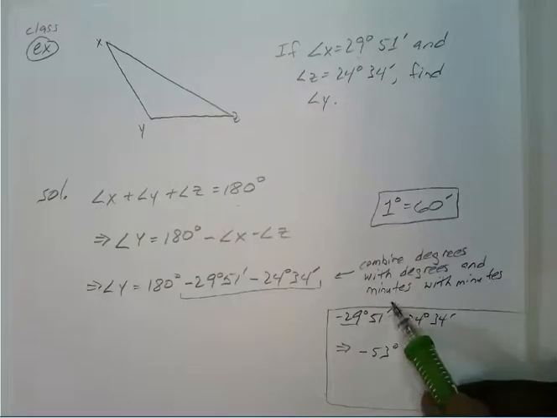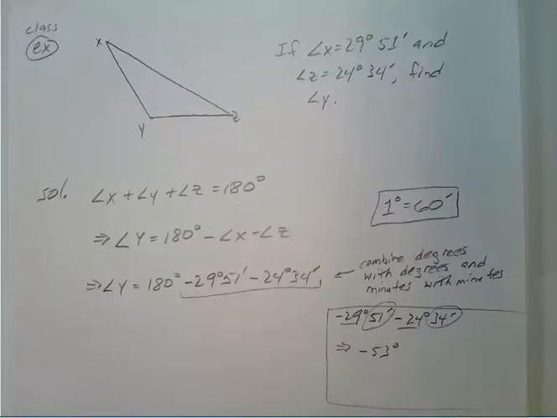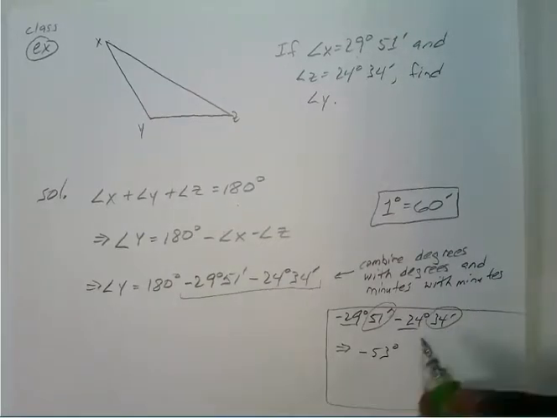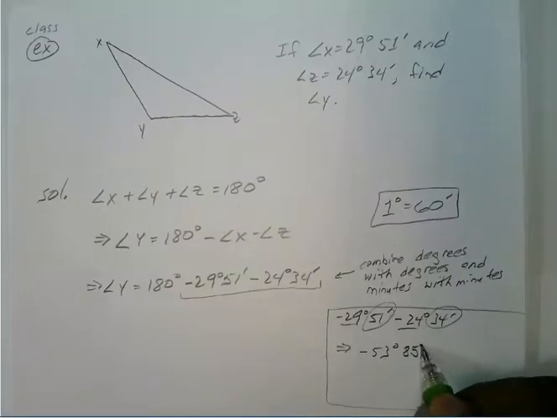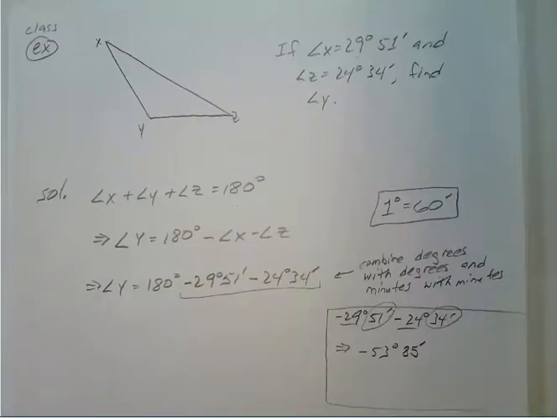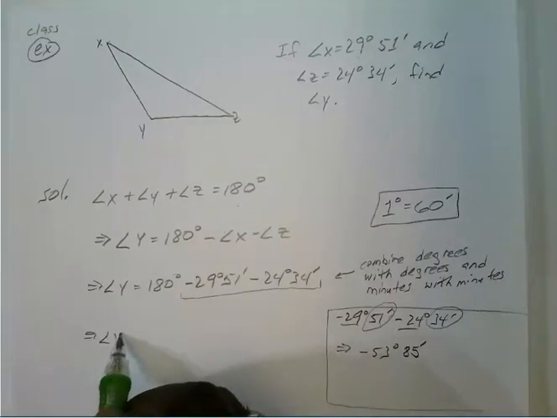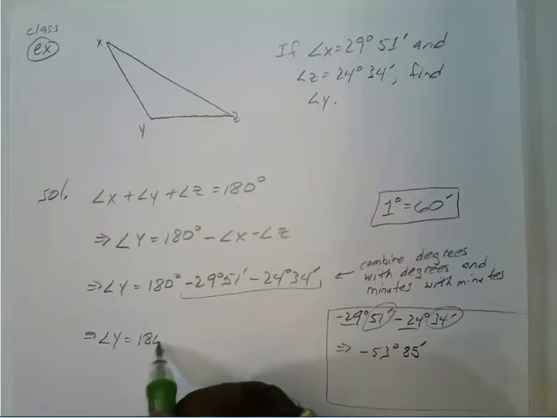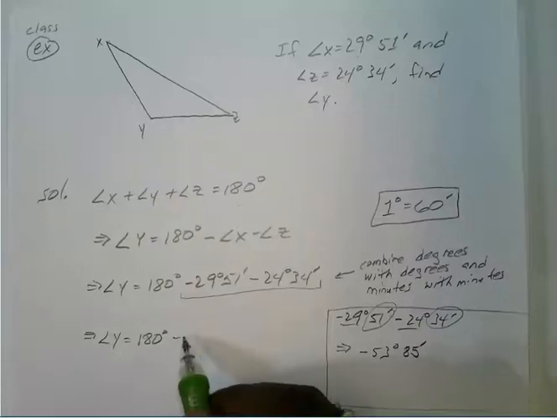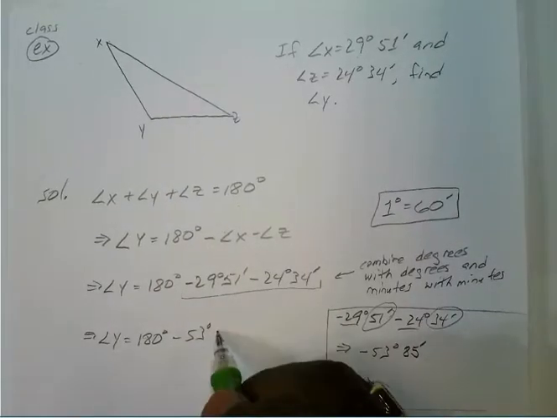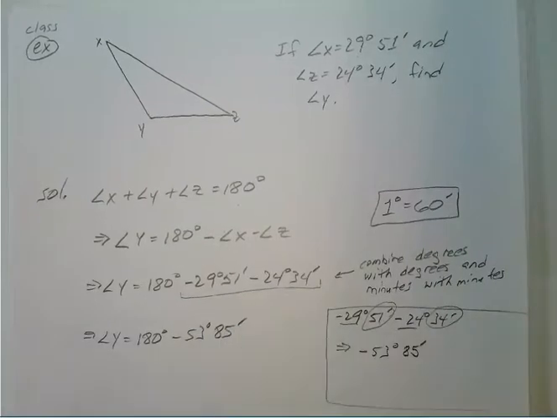Now if we combine just the minutes, 51 and 34, that gives us 85. We have 85 minutes. So we know that angle Y equals 180 degrees minus 53 degrees and 85 minutes.